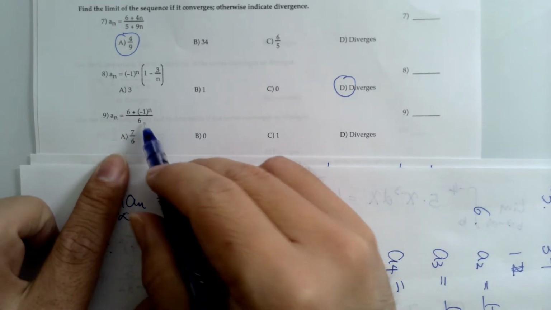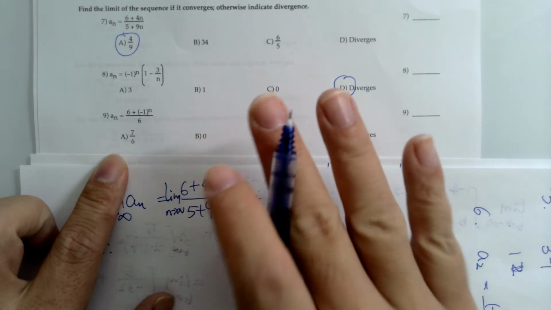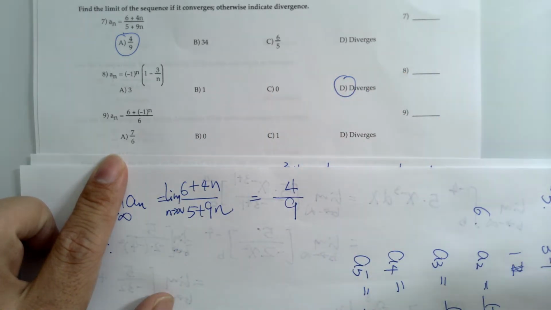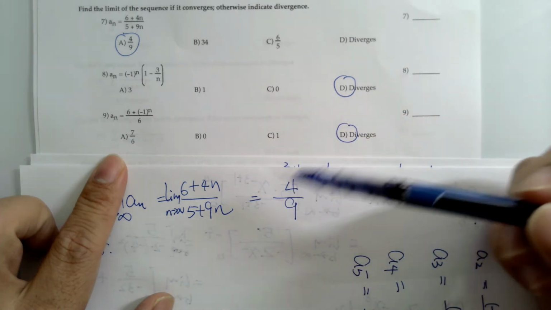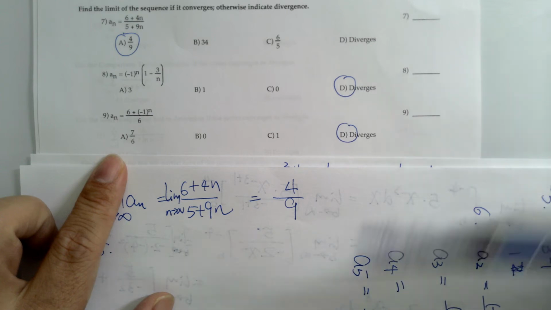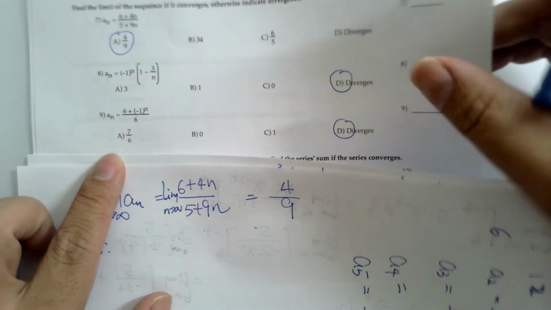So again, this is an alternating term. It will never stop alternating: positive 1, negative 1, positive, negative 1. So our an also diverges. It's bouncing back and forth between 7 over 6 and 5 over 6 and never stops. So hence, it diverges. Easy.